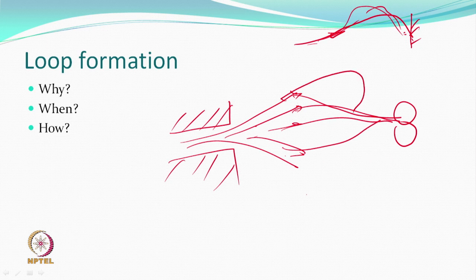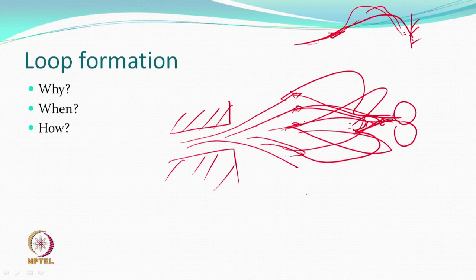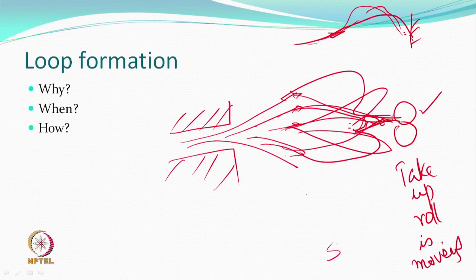So, this will probably make like this, this may make and then start entanglement here, this may do like this, may make like that, the other one may do things like this. So, loop formation will take place, because we hope that this, which is a take up roll, is moving slowly.